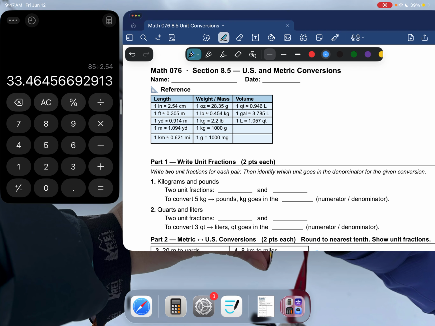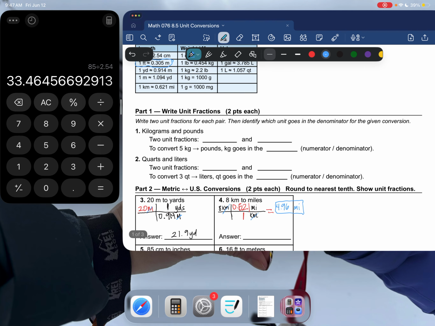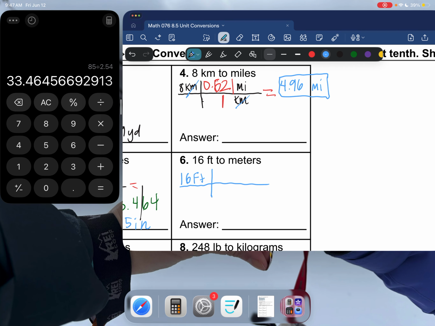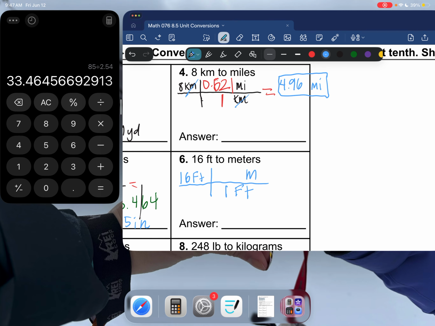Got it right here. 1 foot equals 0.305 meters. So in front of feet, oh, I didn't write my units. 1 foot, because I want those to cancel. And in my numerator, I'm going to have meters, and it was 0.305. And now I'm going to multiply out.